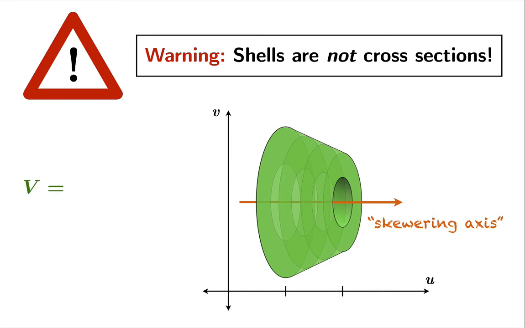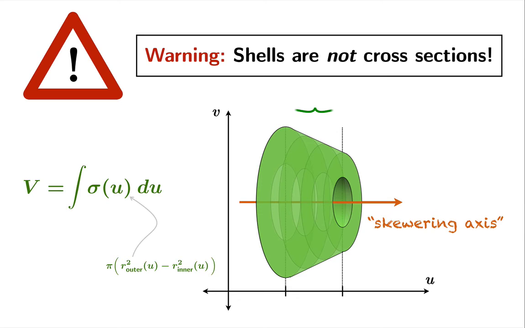And the volume would be the cross-sectional area, which in this case is pi times outer radius squared minus inner radius squared as a function of u. Then you integrate through the extent from one end of the shape to the other, from the smallest value of u to the largest value of u. Washers are cross-sections, and when you do cross-sectional area, you integrate from one end to the other.